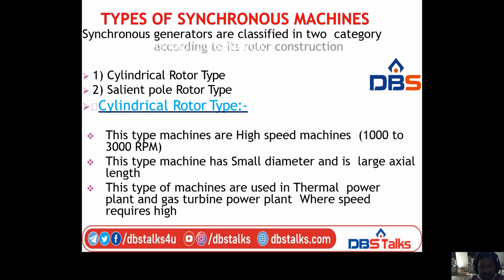This is a high-speed machine, nearly 3000 RPM, with small diameter and large axial length. This type of machine is used in thermal power stations, diesel power stations or gas power stations, where the speed required is very high.